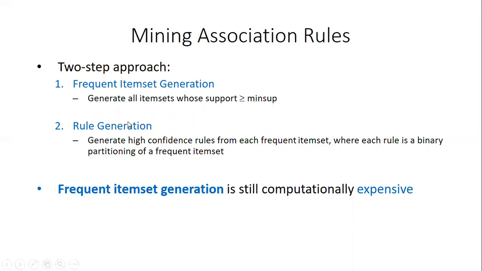Next, once we find all the frequent item sets, by using the frequent item sets and another metric called confidence, we can generate the association rules.